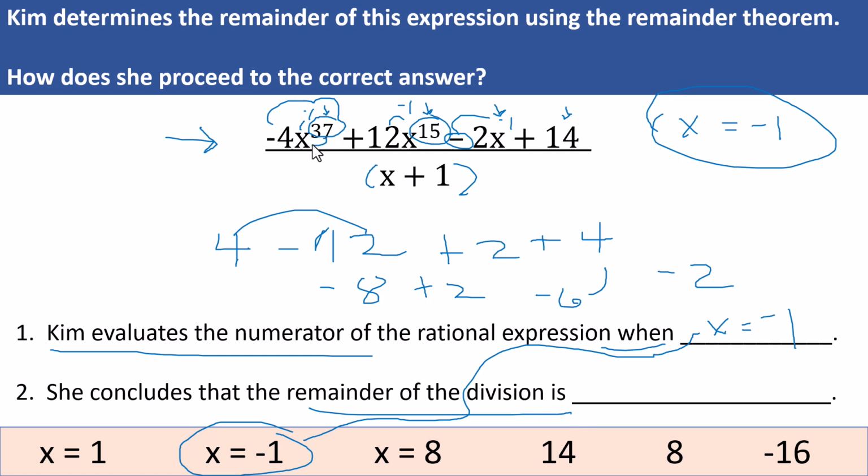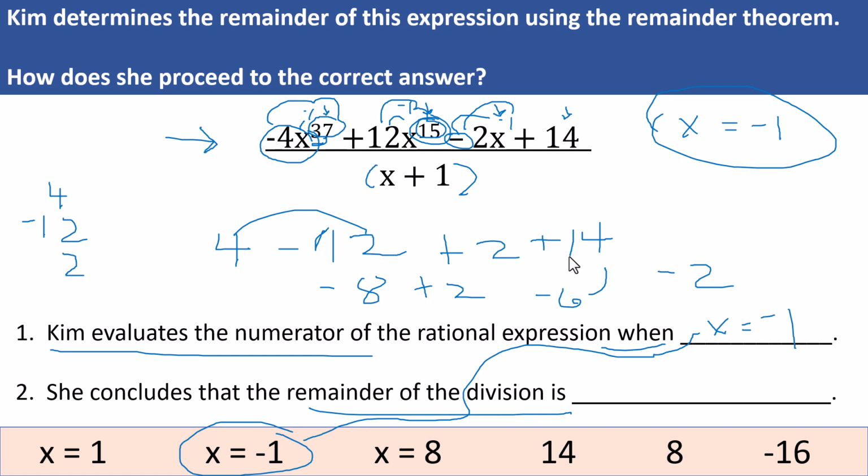So we know -1 to the 37th power is -1 times -4 is a +4. This is going to give us a negative times a positive, -12. This is going to give us a negative times a negative, which is a positive. I see my mistake. This is 14.